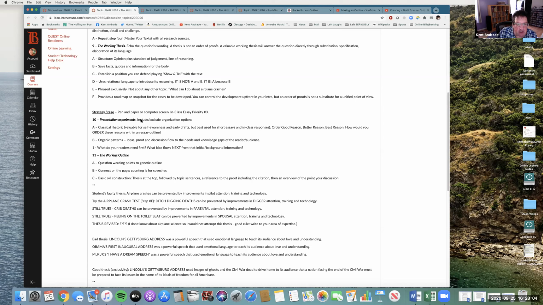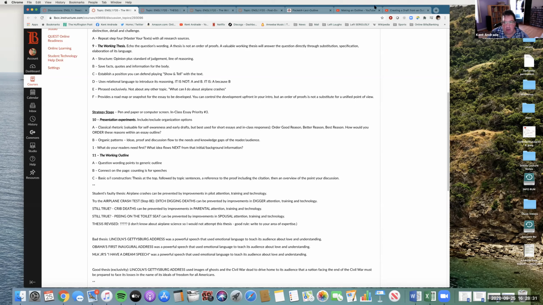We try to exclude and include our options, just as we did with our thesis when we were looking at what we were going to argue. Now we do presentation experiments. In other words, we're including and excluding organization, how to argue options. We are finding how.